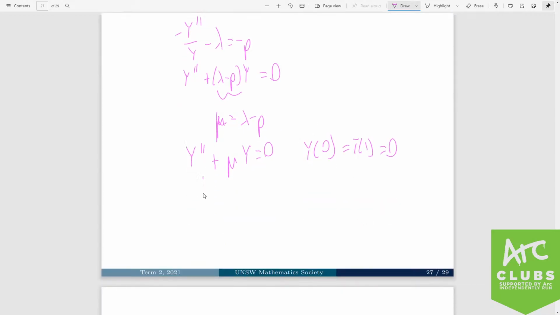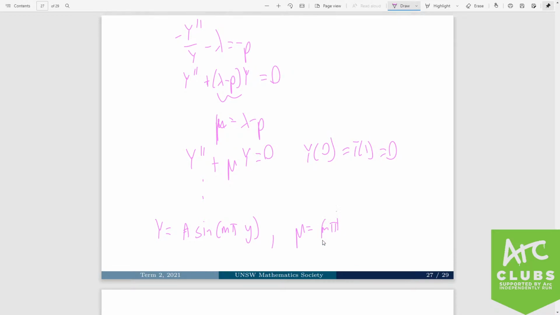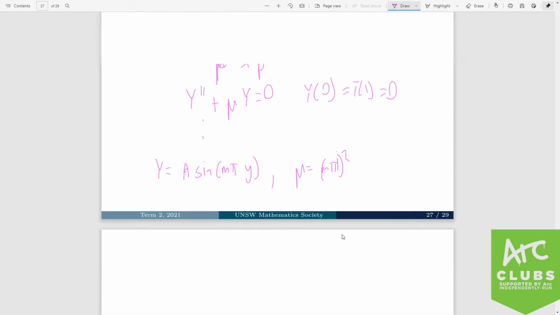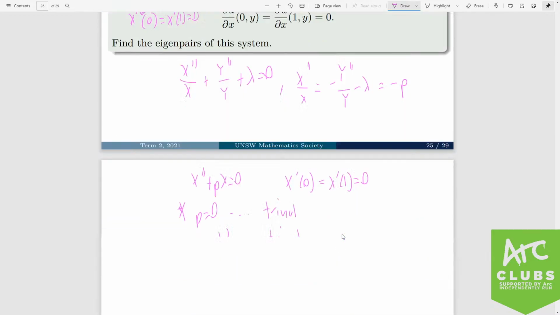And then if we go through the steps, since this is exactly what we had before, then Y equals a sin, I'm going to use m pi here, sorry, m pi y, where mu equals m pi squared. And then the question asks to find the eigenpairs.